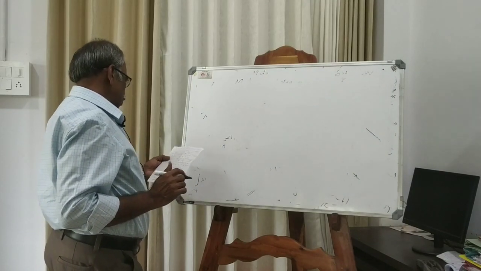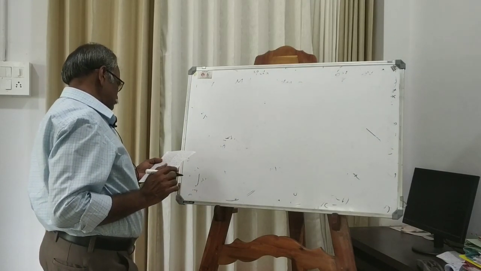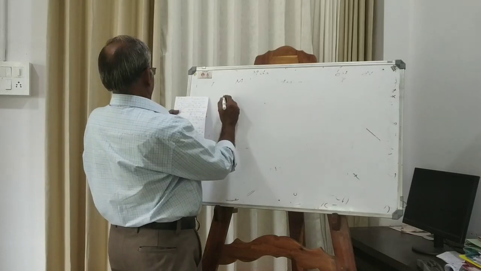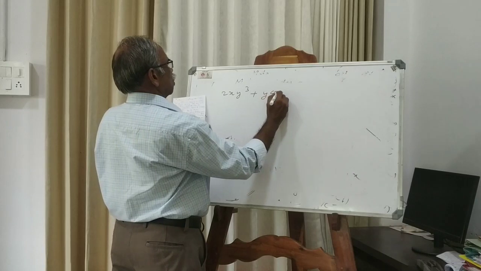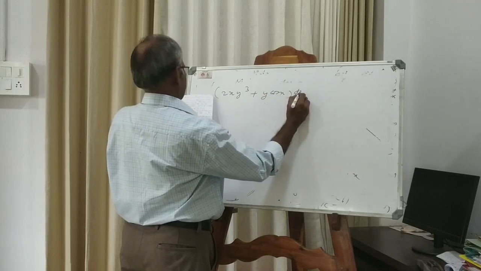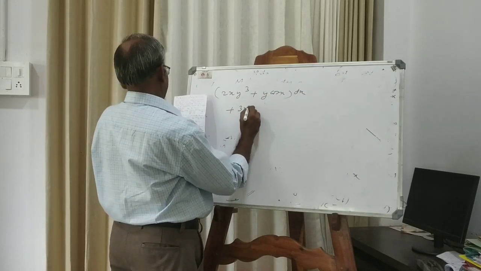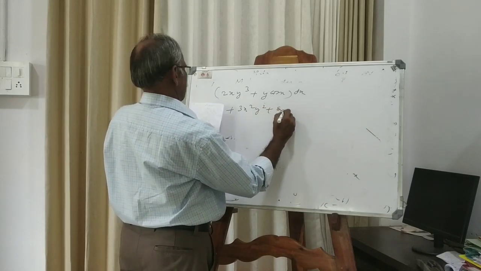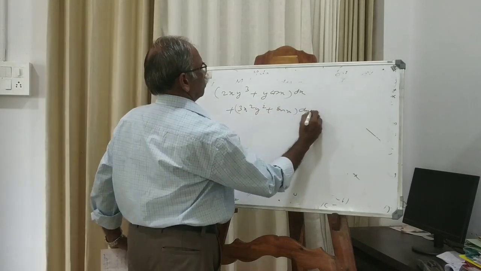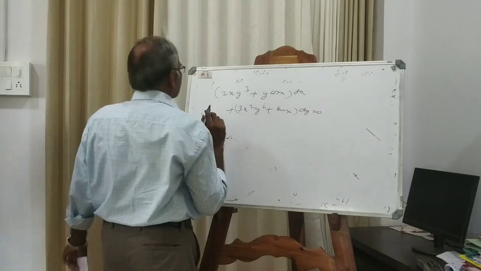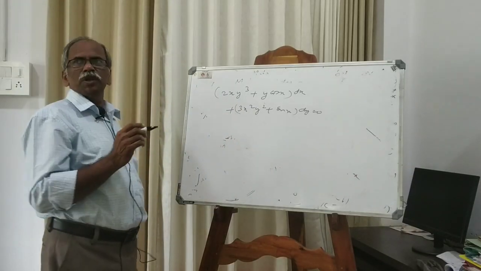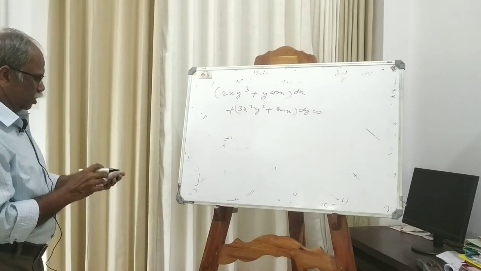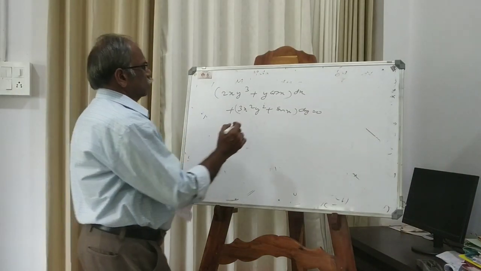We go through one more problem, how to solve an exact differential equation. (2xy^3 + y cos x) dx + (3x^2y^2 + sin x) dy = 0.